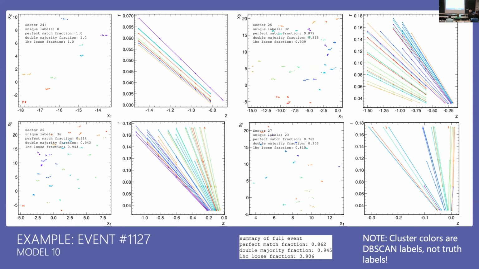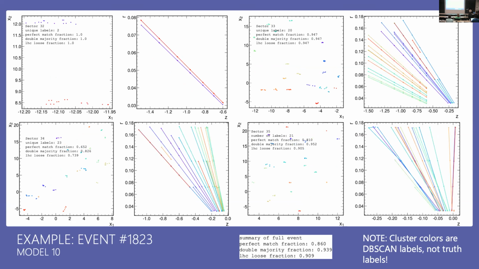In the rightmost subplot, I've plotted it in cylindrical RZ space just to show that it looks like tracks if you go back to real space. As I mentioned before, in the end caps we constructed the graphs with quite high purity already, so in this example it got all of the tracks right in the end caps. But of course, as you go more towards the eta 0 regions, it does start to make some mistakes as things get more complicated.